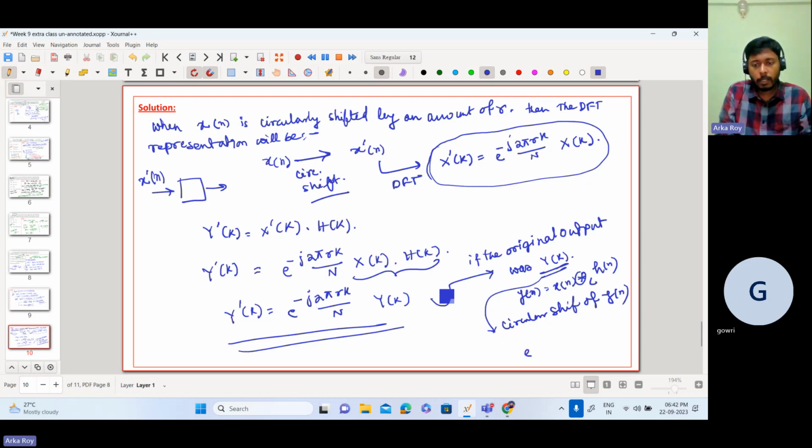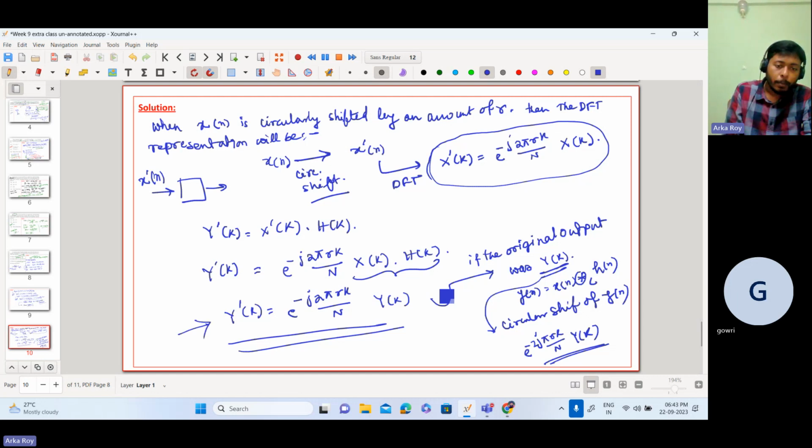That is basically e to the power minus j 2 pi r k divided by N multiplied with Y(k). That means if I take the circular shift of the original output itself, I will get the representation that is shown over here.